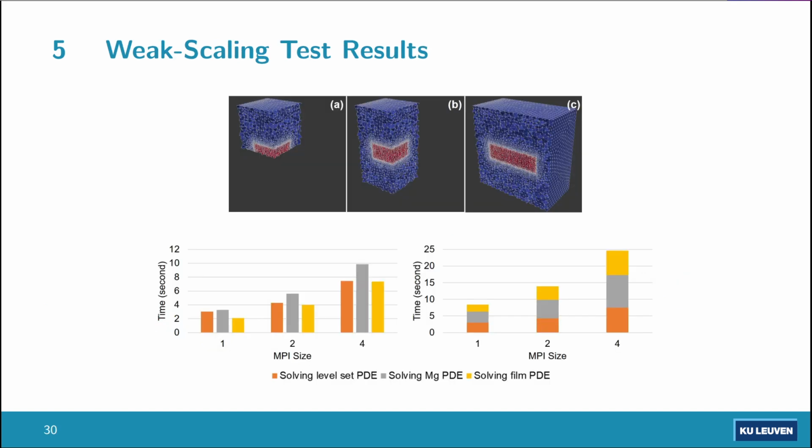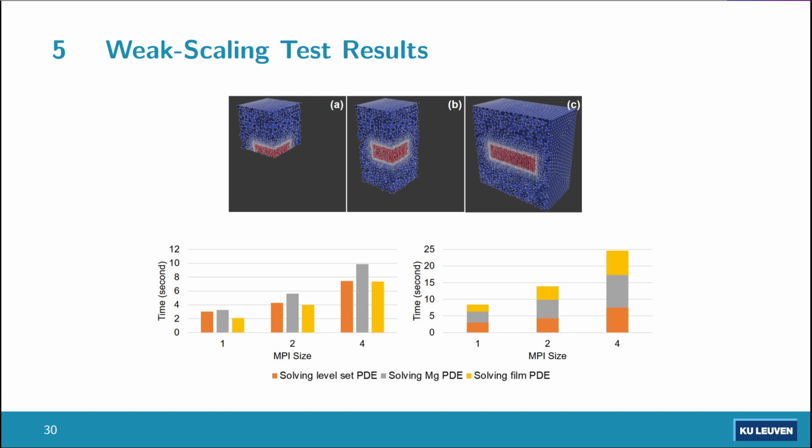And we had weak scaling tests in which you double the size of the problem while doubling the available computational resources. So ideally, when you double the size and double the computational resources, you should have the same runtime.